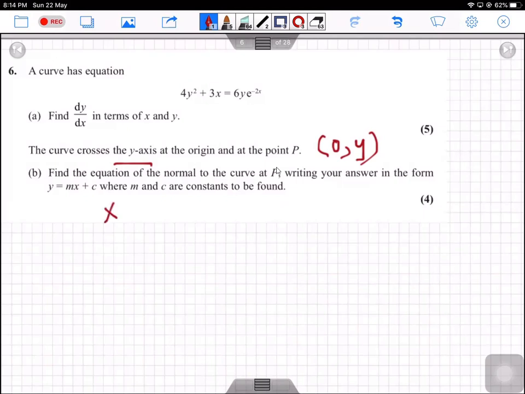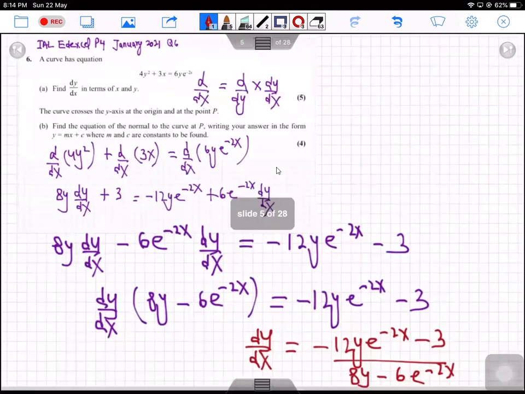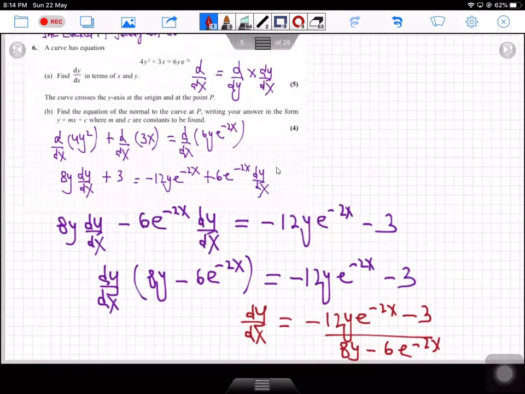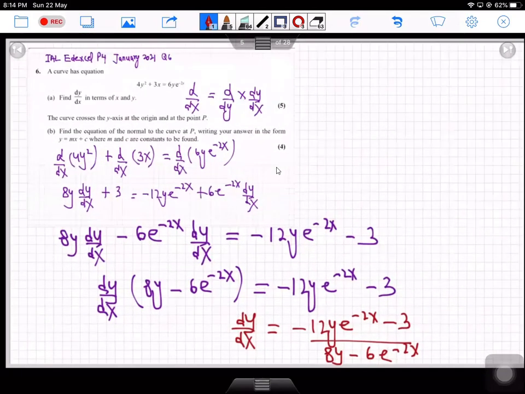If I put x equal to 0 into the dy over dx function which we have obtained over here, we will get the gradient of the tangent. But we also need to put in a corresponding value of y, because dy over dx is not only in terms of x, right? It is in terms of y as well.